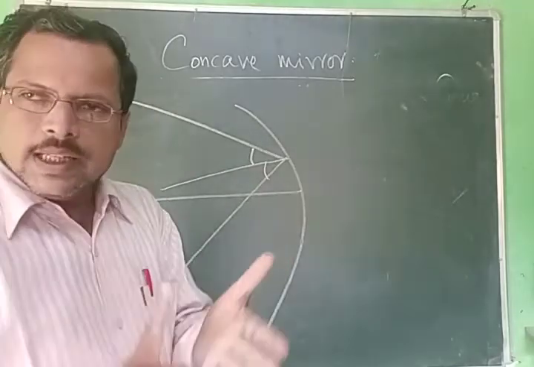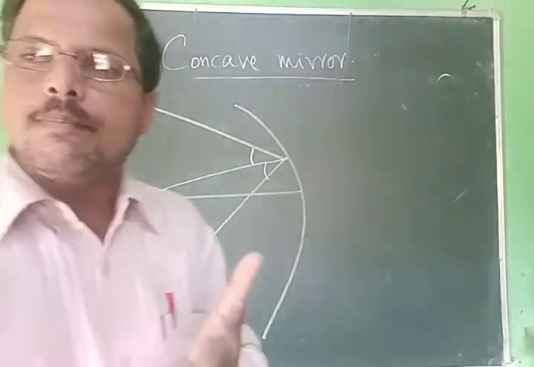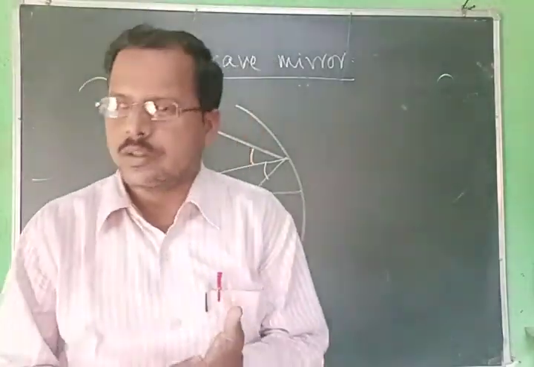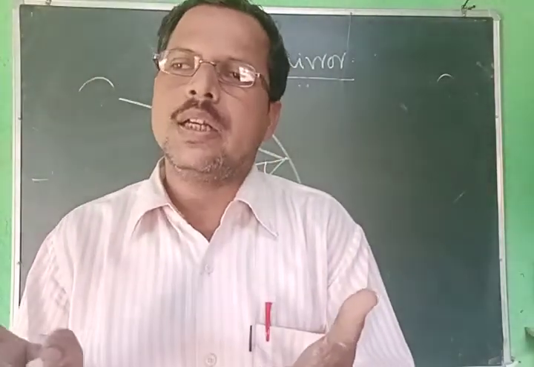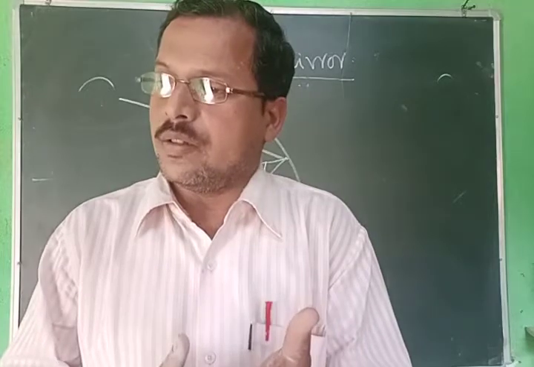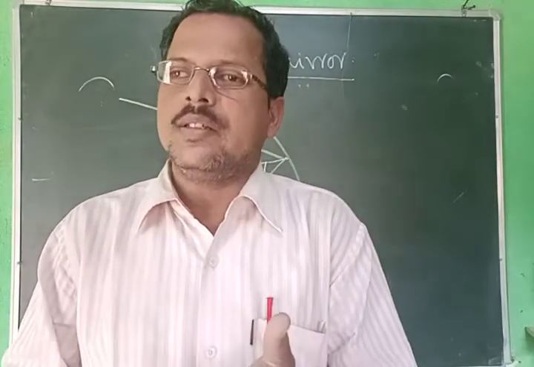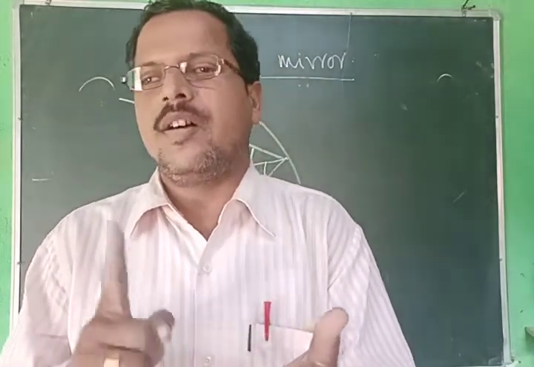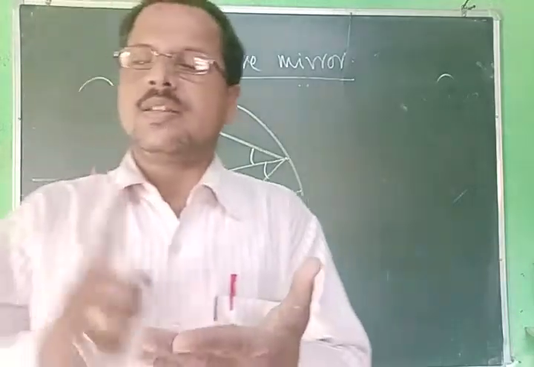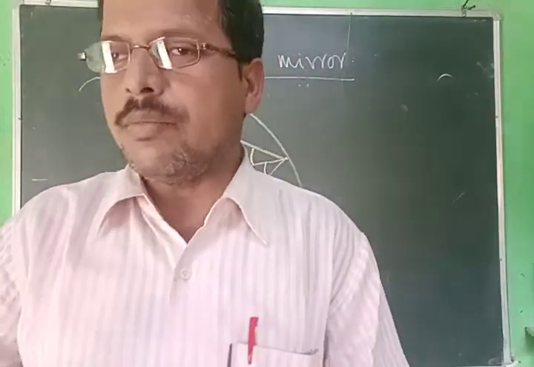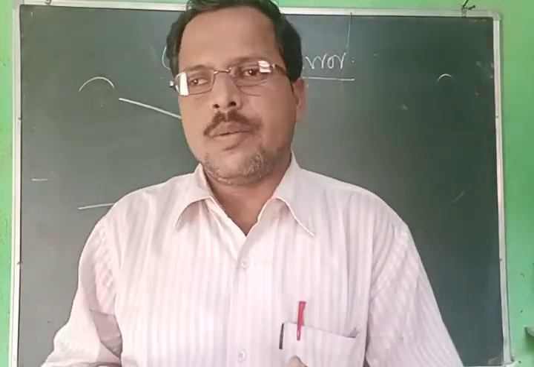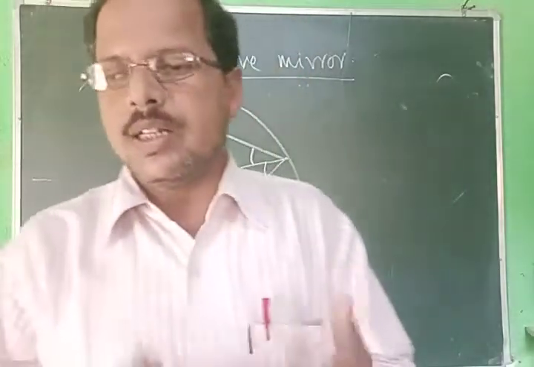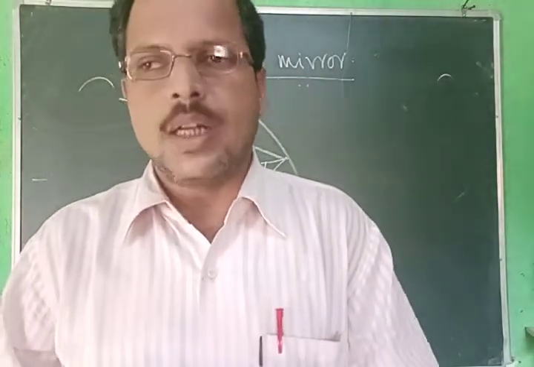Okay, any rays falling on the concave reflecting part of a concave mirror will get reflected following the law of reflection. The angle of incidence will be equal to the angle of reflection. Is that clear? So this is all about today's class, and what I discussed here about spherical mirror.